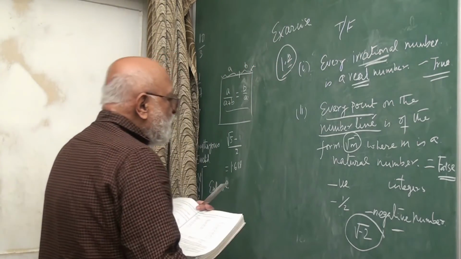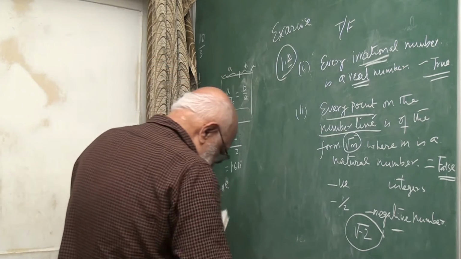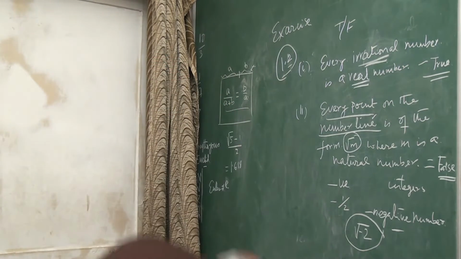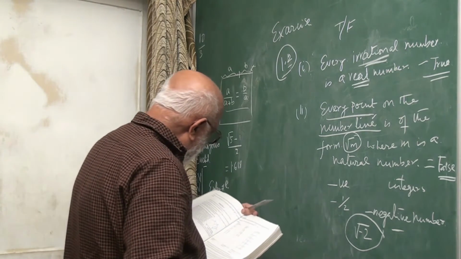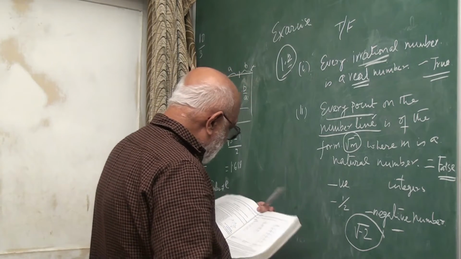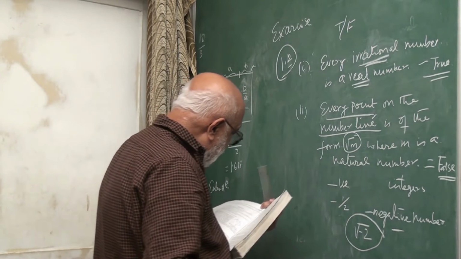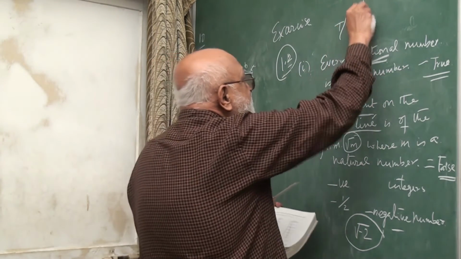Okay, let's go to number 3. Number 3 is: every real number is an irrational number. How would you take it?